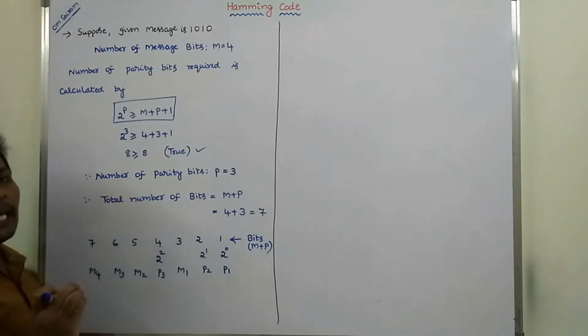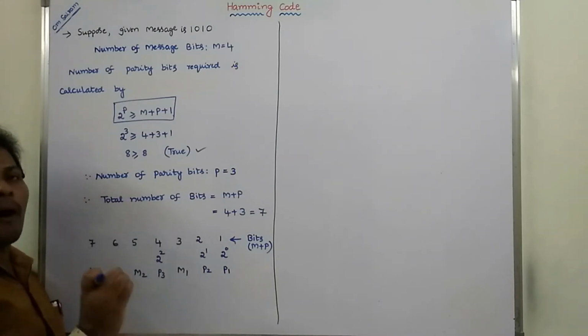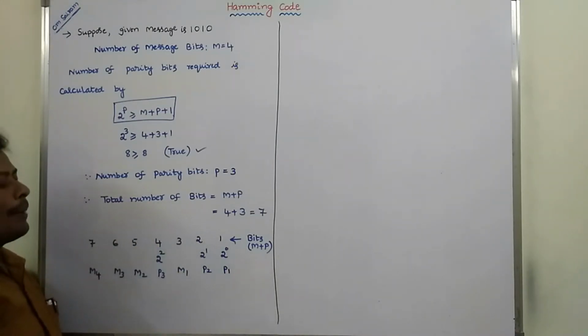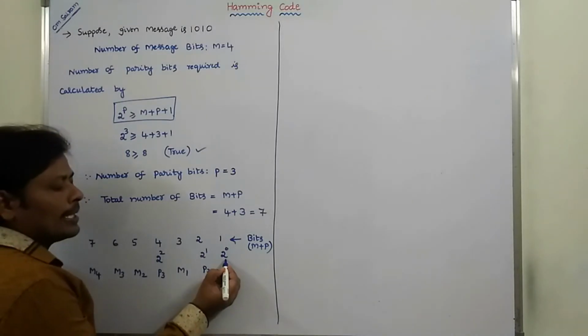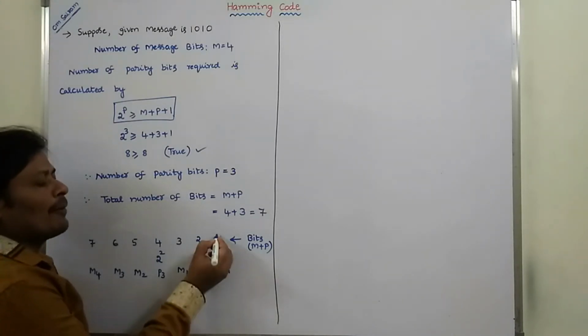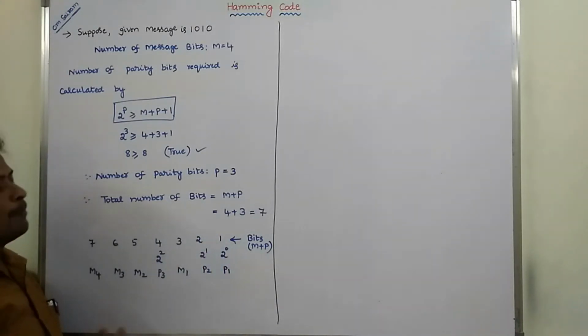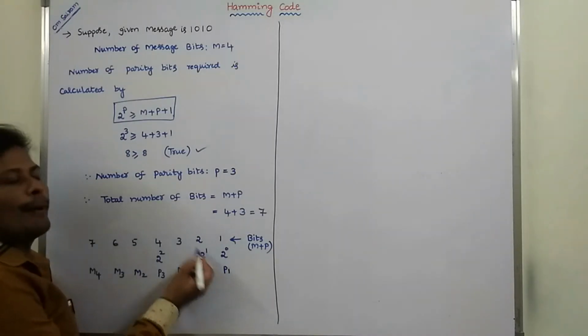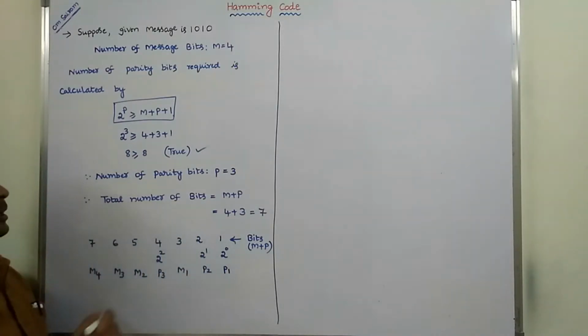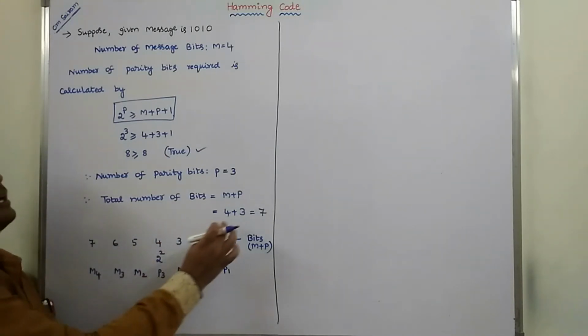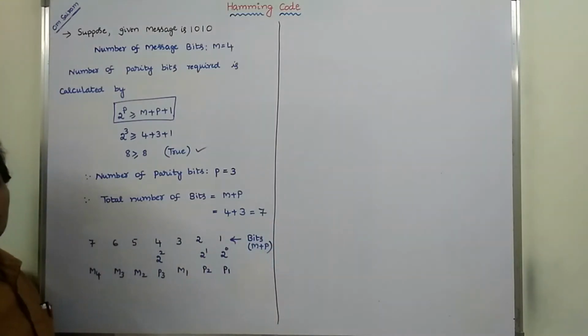Now parity bits are located at bit positions of powers of 2. 2 power 0 is equal to 1. Next 2 power 1 is equal to 2. 2 power 2 is equal to 4. But here 2 power 3 is not there because 4 plus 3 is equal to 7, the total number of bits. Okay.